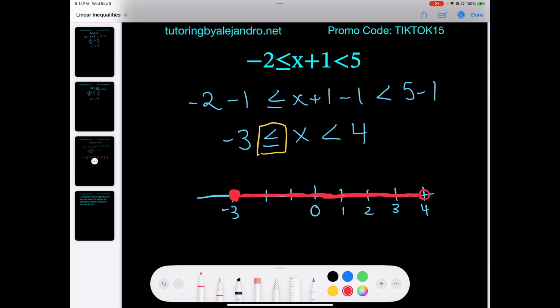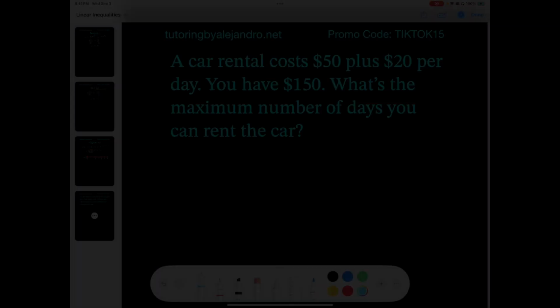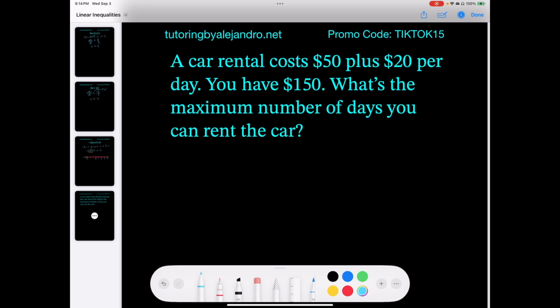Okay, let's move on to a word problem. So now let's look at a real SAT style problem. We have a rental car costs $50 plus $20 per day. You have $150. What's the maximum number of days you can rent the car? Okay, so here's how we set it up. We're going to use the same framework for any inequality word problem.